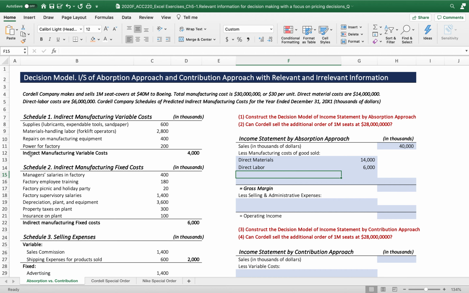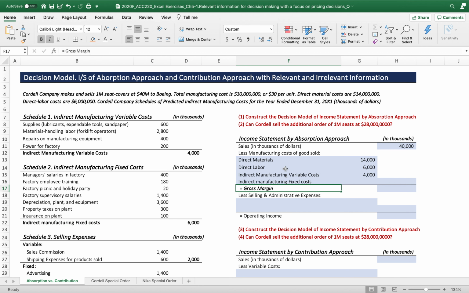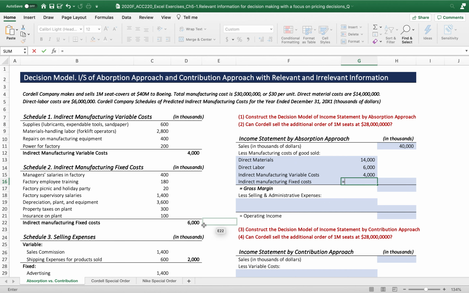And then the indirect production cost, indirect manufacturing cost. Where do you get it? Here you go. Now we got the indirect manufacturing variable cost, which is 4,000, and the indirect manufacturing fixed cost, because we gather all together into the manufacturing cost. So 6,000, but I want to show it as a negative so that you can recognize very easily it is an expense.